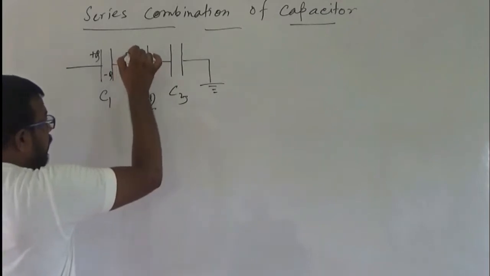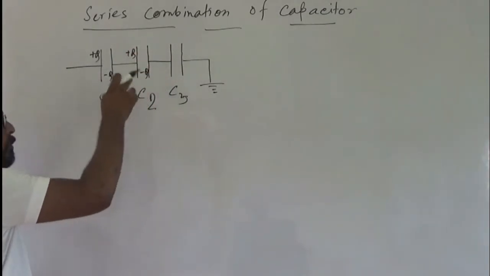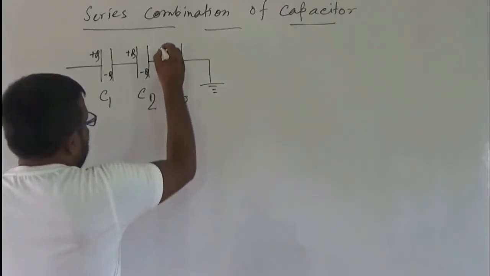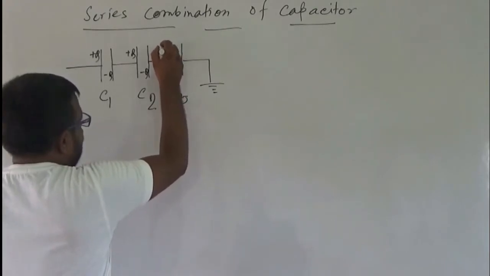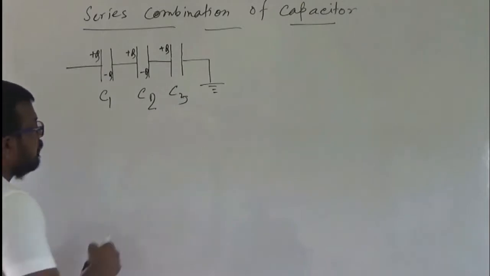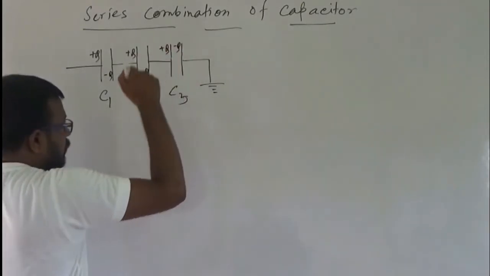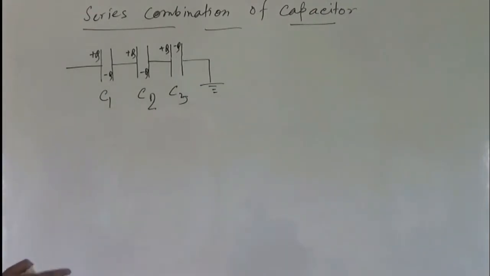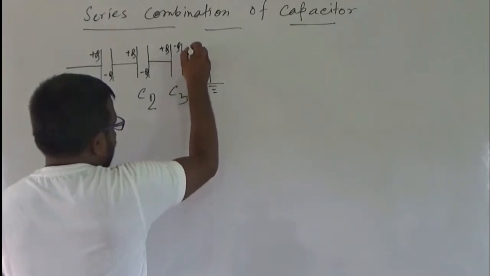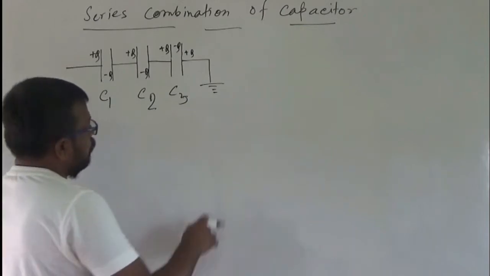This charge will induce minus Q charge on the inner side of the second plate of the second capacitor, and plus Q charge will be induced on the first plate of the third capacitor. This charge will induce minus Q charge on the inner side of the third capacitor and plus Q charge on the outer side of the third capacitor, and that will go to the ground.